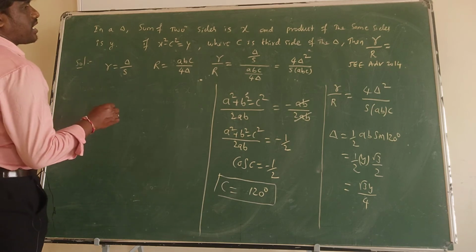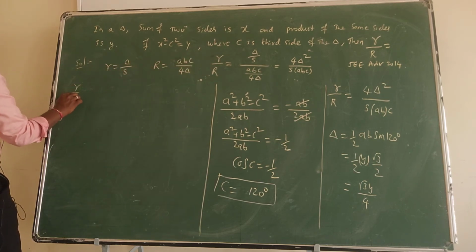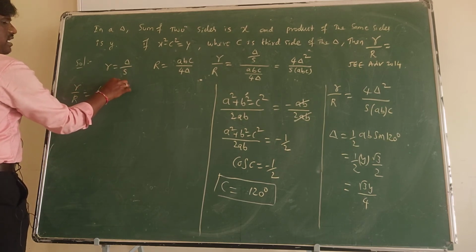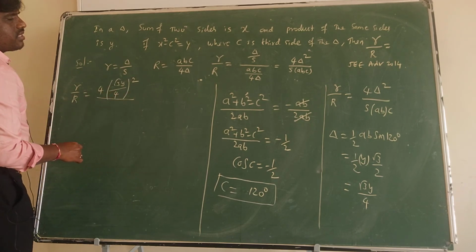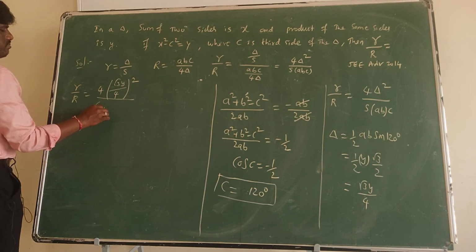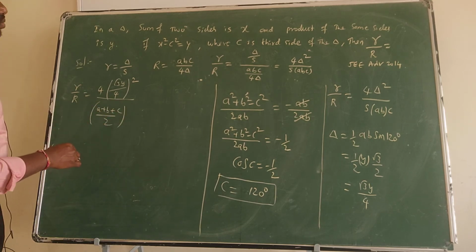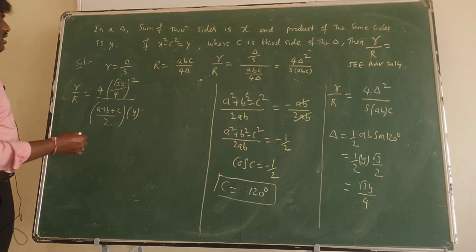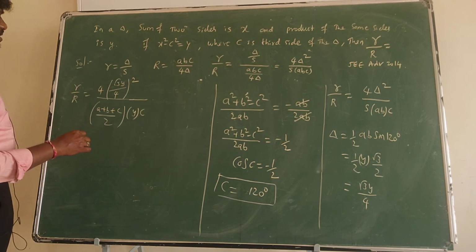So I am going to substitute: r by capital R is equal to 4 into delta squared, that is root 3y by 4 whole squared, divided by s, which is a plus b plus c divided by 2, into ab, which I can write as y, into c.